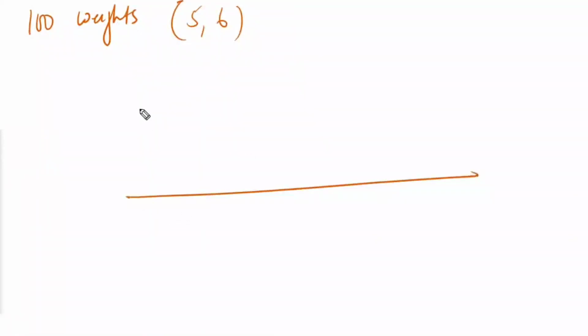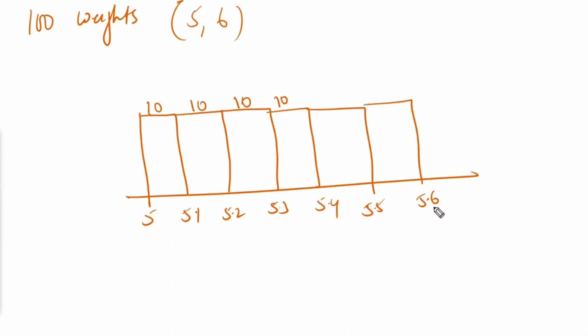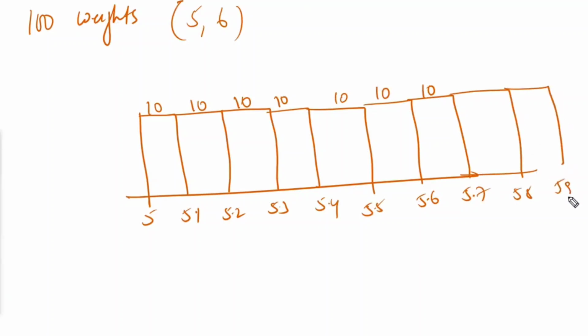Uniform distribution means it is going to select 10 weights between 5 to 5.1, 10 weights from 5.1 to 5.2, 10 weights from 5.2 to 5.3, and so on, up to 10 weights between 5.9 to 6.0.